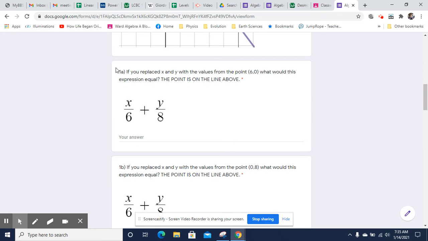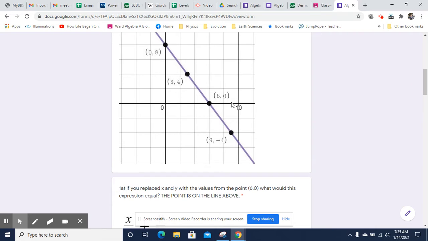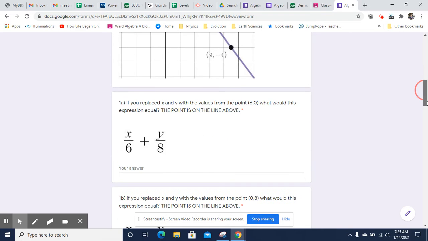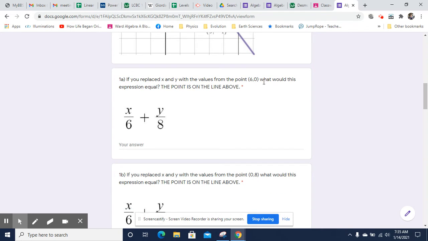If you replaced x and y in this expression with (6, 0) from that line above, what would the expression equal?